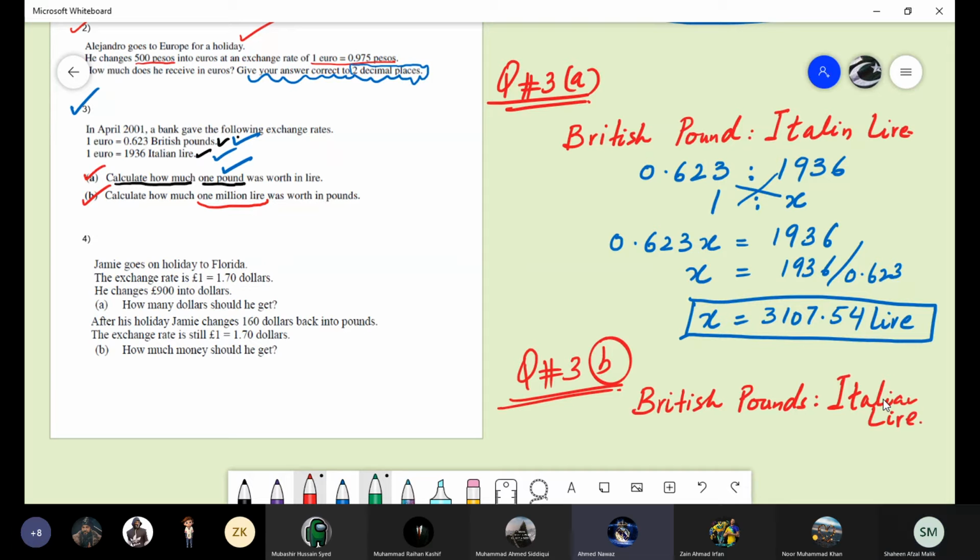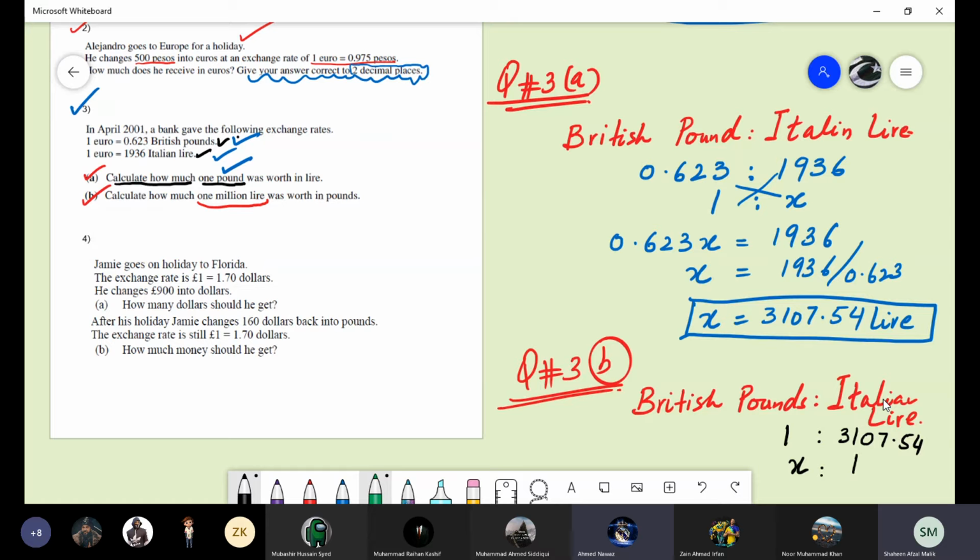Then we will write 1 ratio 3107.54. 1 is equal to 3107.54. Then we will write British pounds x ratio 1 million.